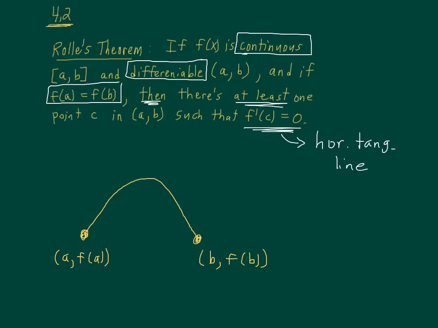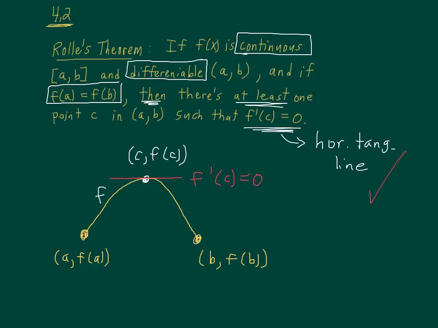Well, it's guaranteeing that somewhere on the inside we're going to have this point which we're calling c, and its y value would be f of c. So all of this is referring to a function f. So this theorem is guaranteeing that at this point f prime of c, the derivative, is equal to 0. So in other words, you are guaranteed to have a horizontal tangent line.